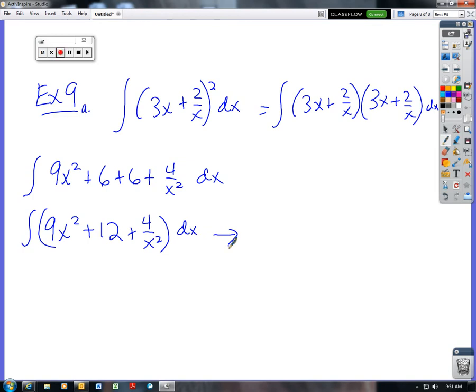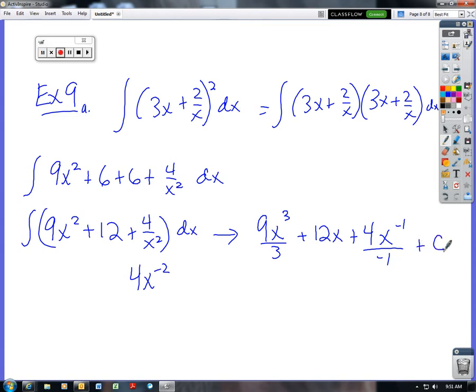So the integral of 9x squared would be 9x, add 1, so 3, and then divide by the new power, plus this is 12x. And then this is the same as 4 times x to the negative 2. So bring along the 4, and then you'll add 1 to the power and divide by the new power, and then plus c.